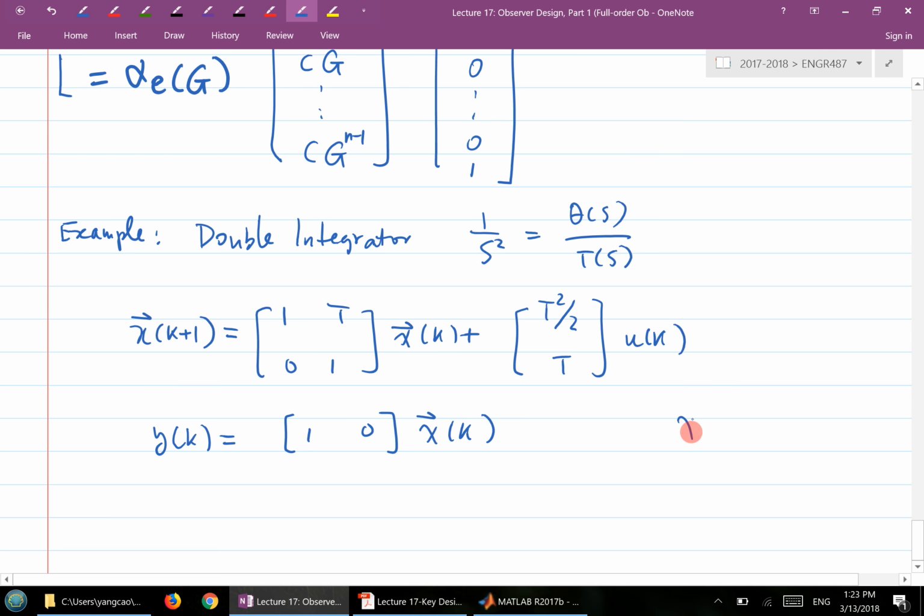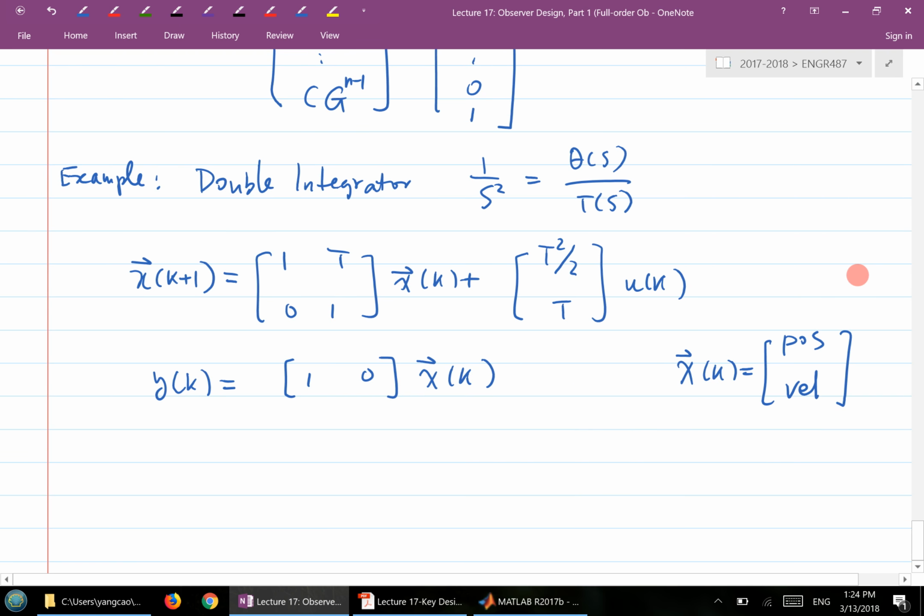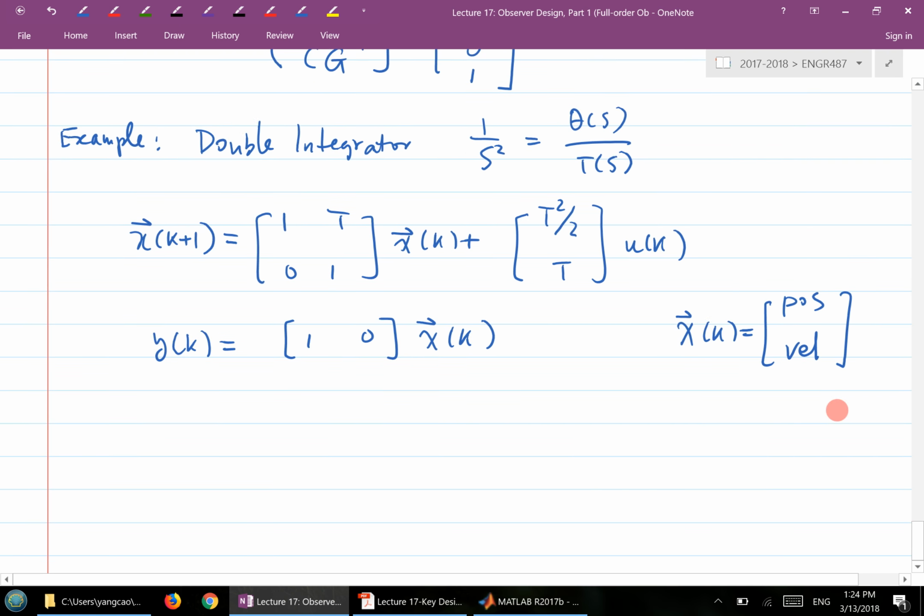And the x of k here, basically the first one is position, the second one is velocity. That's two state variables. Oh, and by the way, you can just remind me here for the midterm, quite a few of us made a mistake here.